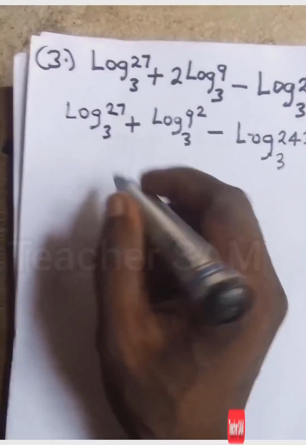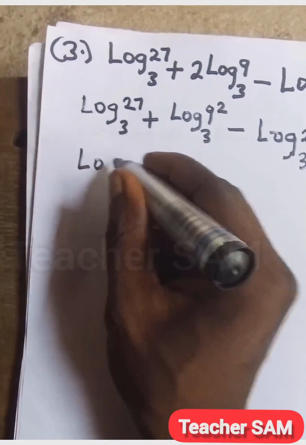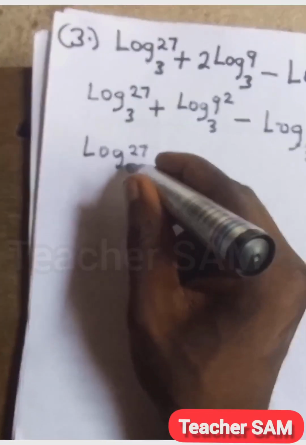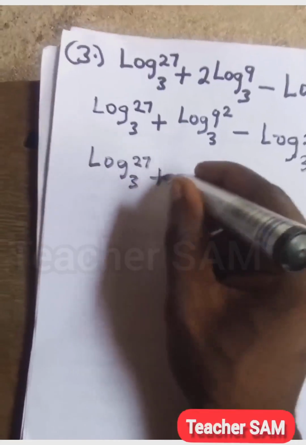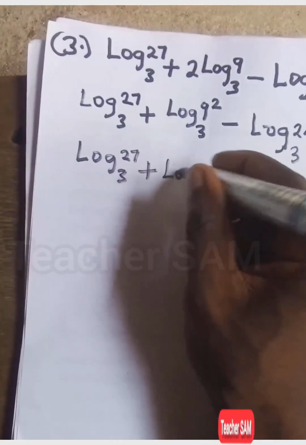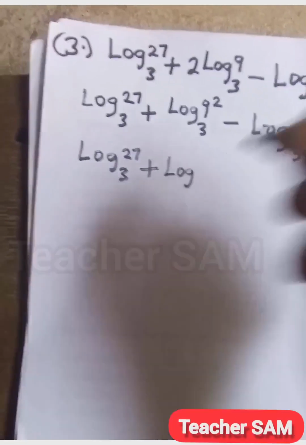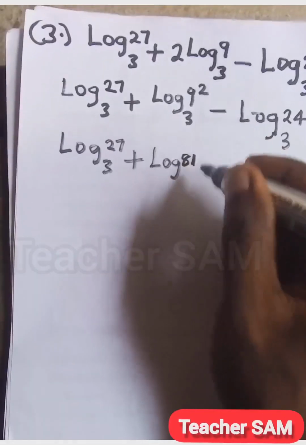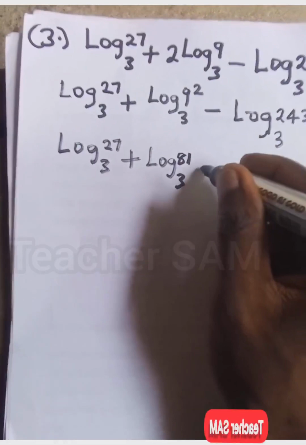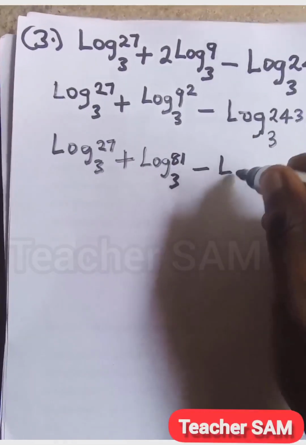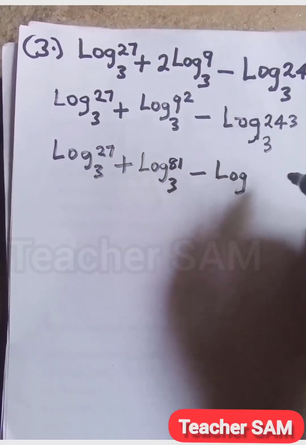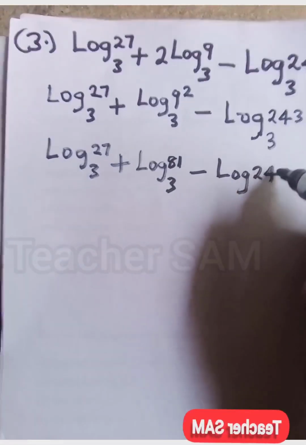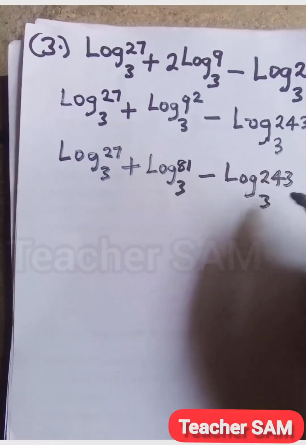Now let's apply the law of logarithm here. So we have log 27 to base 3 plus log 81 to base 3 minus log 243 to base 3.